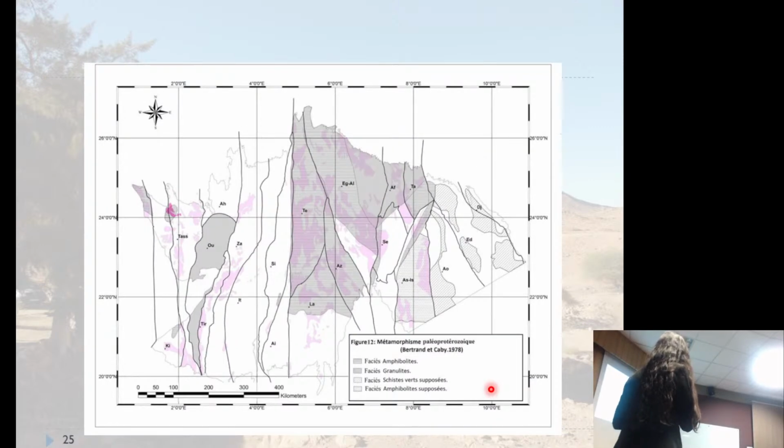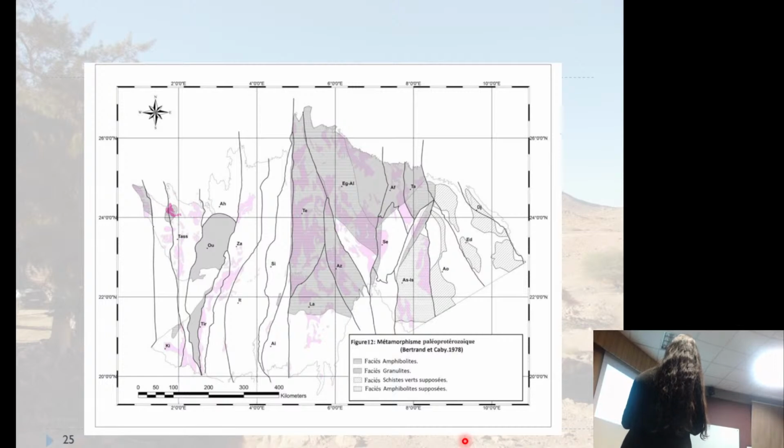Sorry, it's not very clear, but in the legend here you have the amphibolite facies, which I don't know where it is anymore. I think it's here. I can't see clearly. You have the granulite facies, which is mainly here, I guess.